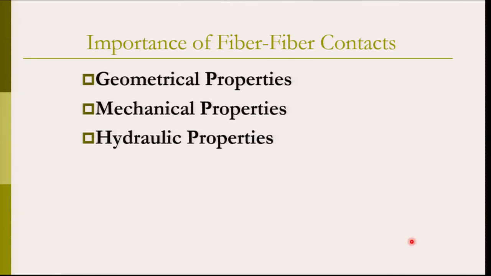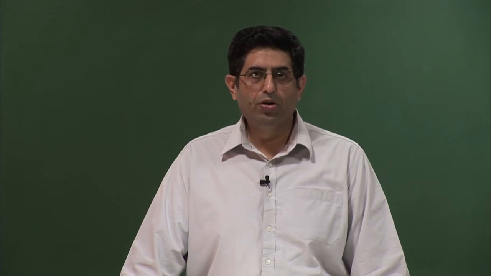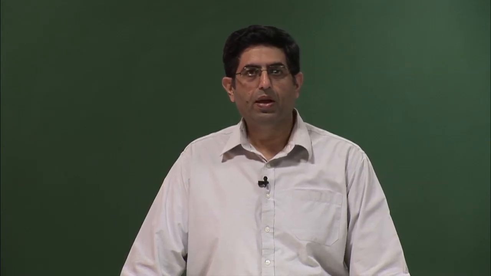Then we have hydraulic properties. What do we mean by hydraulic properties? For example, the wetting and wicking characteristics. If two fibers are not making any contact, then apparently there is no transfer of fluid that can take place between the assemblies of fibers. So, fiber to fiber contact plays an important role in influencing the hydraulic properties.